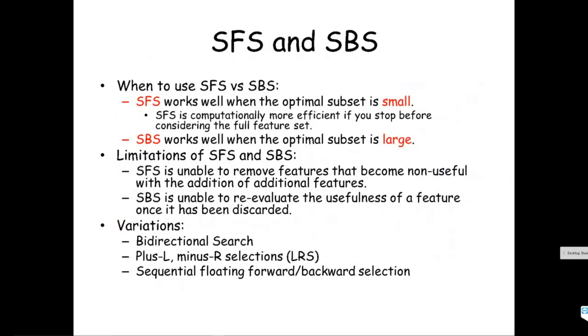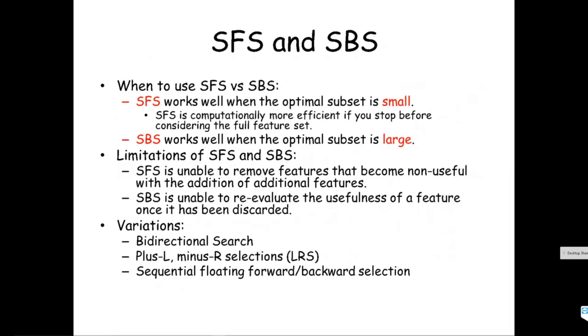And you have the same problem with backward search. Once you remove a feature, you will never reconsider that feature again. Okay. And it may happen that the feature that you removed early on ends up being useful in combination with other features that you end up having later on during the search.